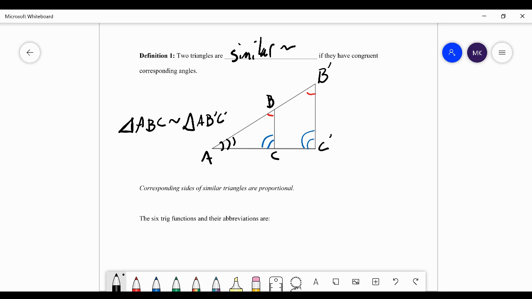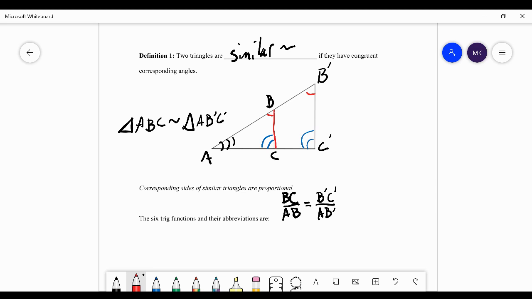So what that means is we can set up these proportional ratios, and we can say things like the length of side BC over, say, the side AB, that's equivalent to the side B prime C prime over A prime B prime. So what in the world am I looking at? Well, first we have side BC, so that's this side here.